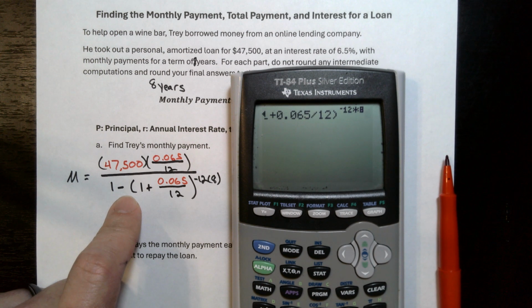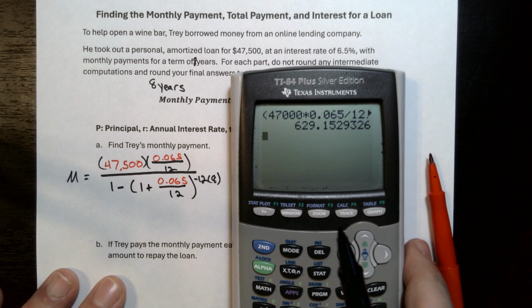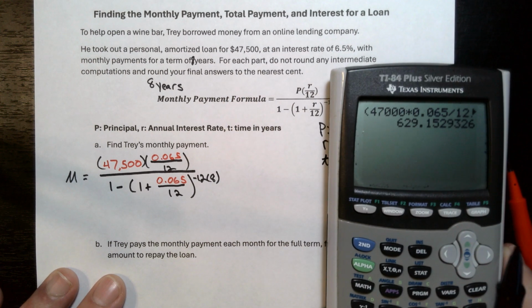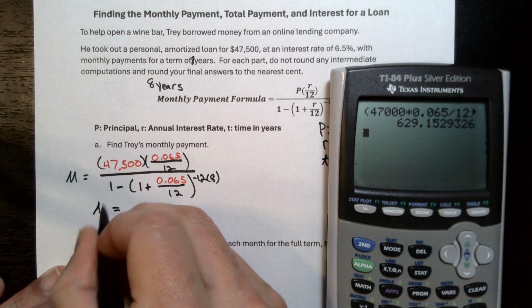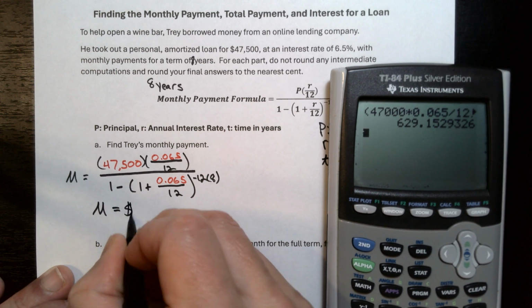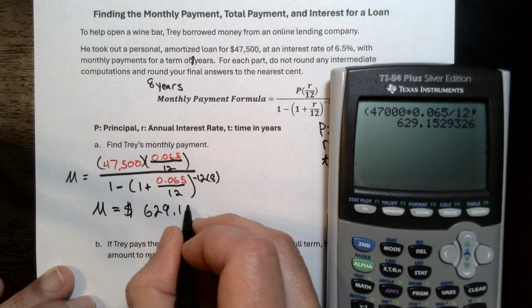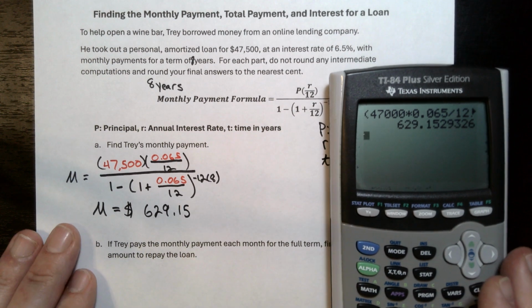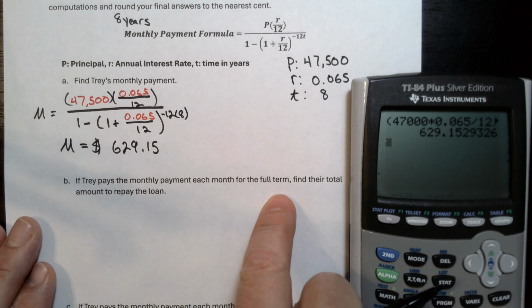Okay, and then close your final parentheses. And there we go. So we get $629.15. So M is equal to a monthly payment of $629.15.